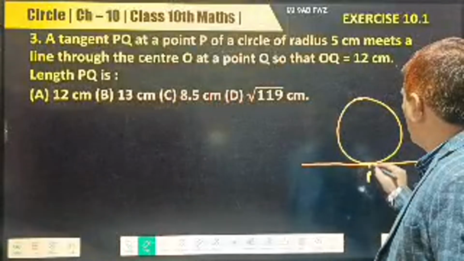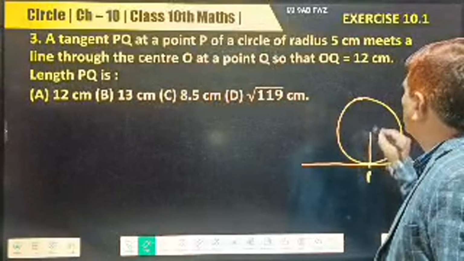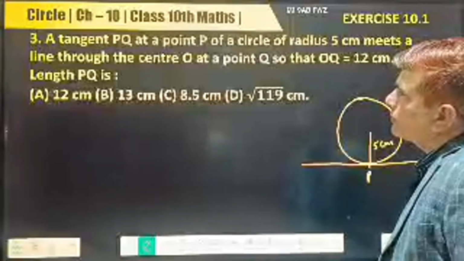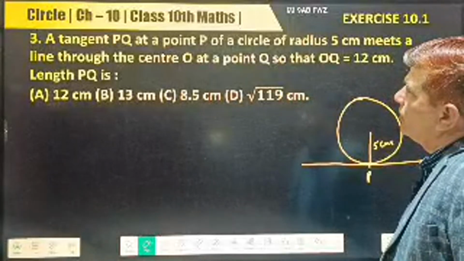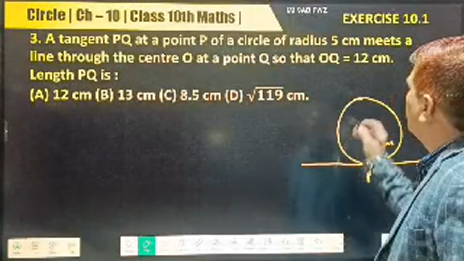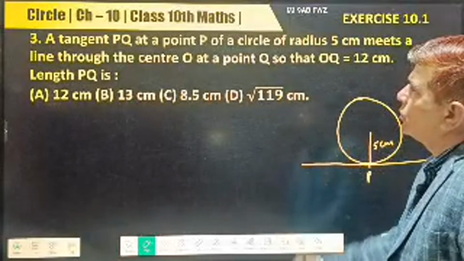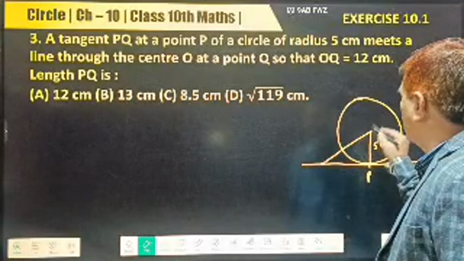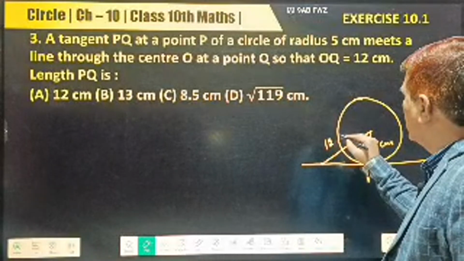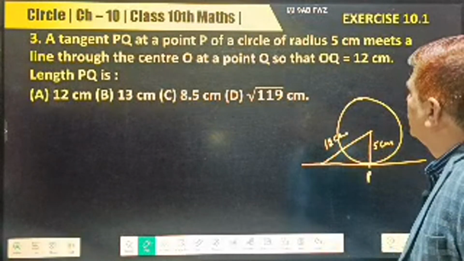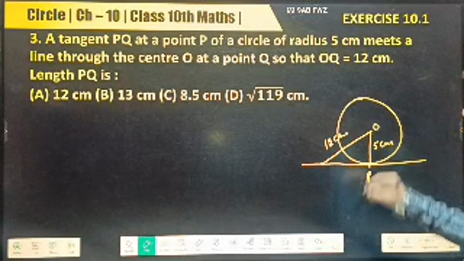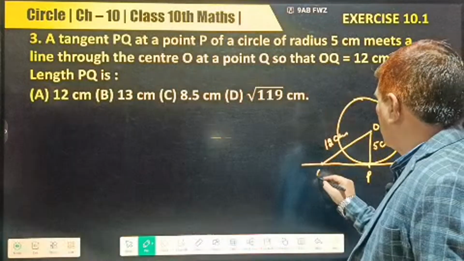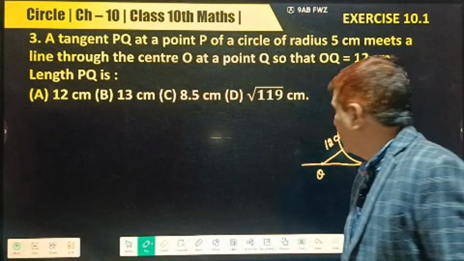This is the point P and this is the circle, center O. This radius is 5 centimeter. This meets a line through the center at point Q, so Q is taken here and joined like this. OQ equal to 12 centimeter. You have to find out the length of PQ.